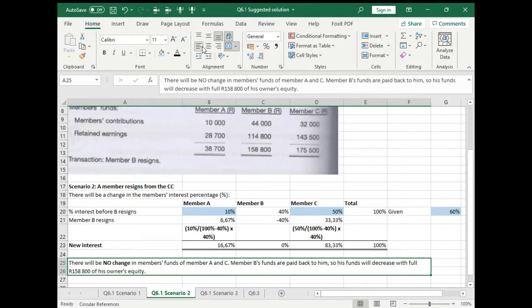So for the equity, because of the fact that nothing has actually changed with their member funds, because we are paying out this amount here, this 44,000 and 14,800 would have been paid out to member B. We do not do anything else with the equity of member A and member C because of the fact that that equity has been paid out of the CC and is no longer there. Okay, so all that it means is when someone resigns, only the interest percentage is updated in the business itself.